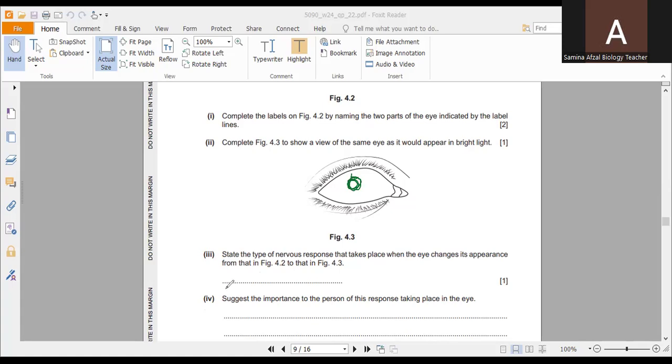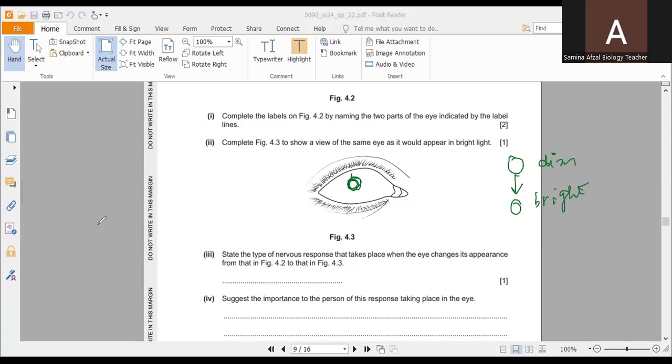Next, state the type of nervous response that takes place when the eye changes its appearance from that in figure 4.2 to that in figure 4.3. In figure 4.3, the size was this and it is decreased from this. I already told you why: it is from dim light to bright light.